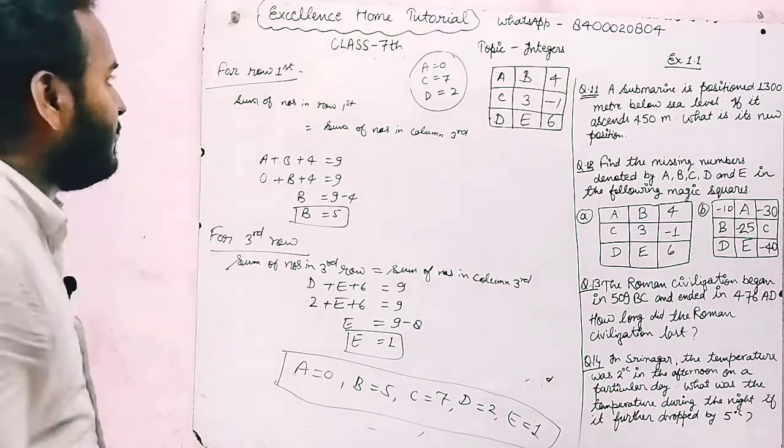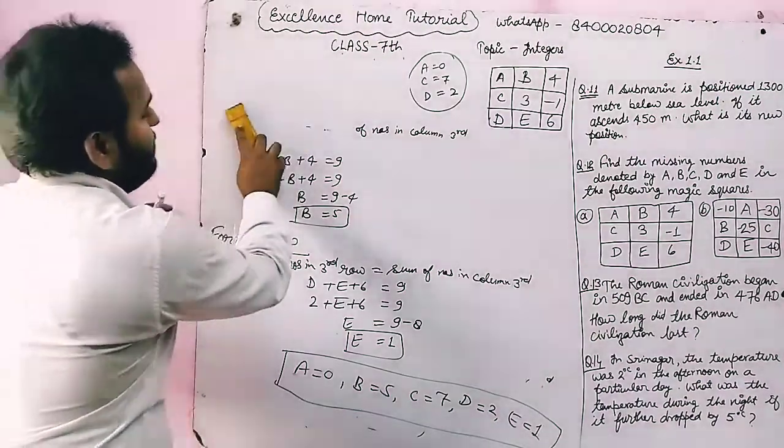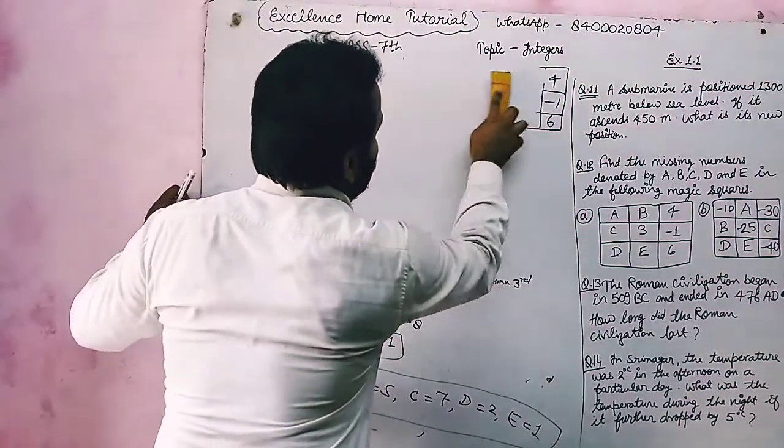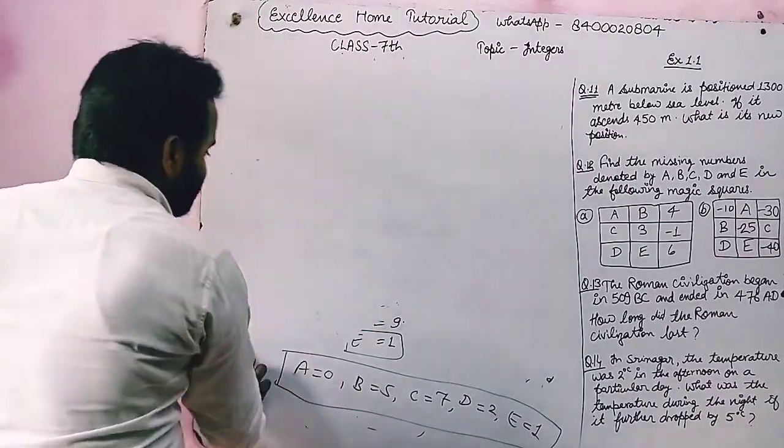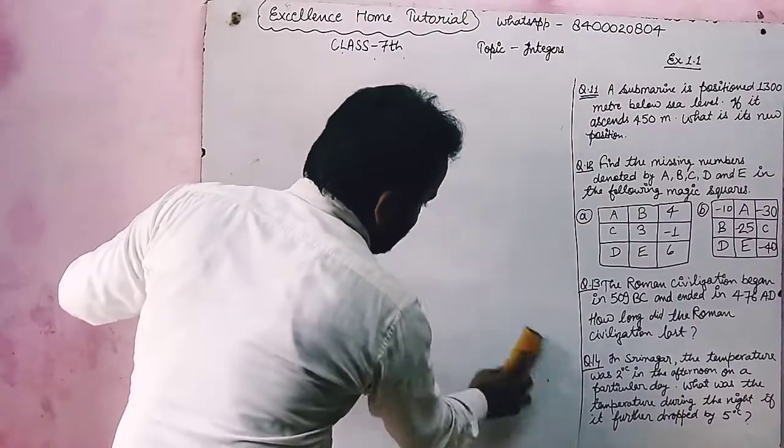After that we move to the next topic, which is 12B, in which we have to solve a magic square also, which is like this question, but something is different.